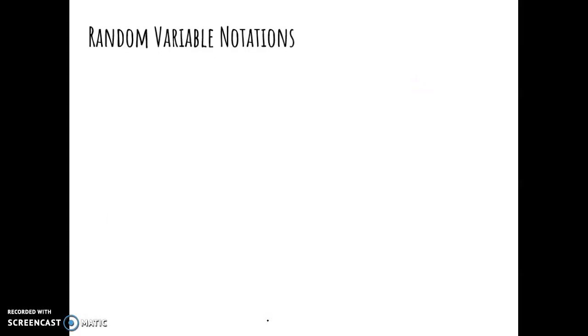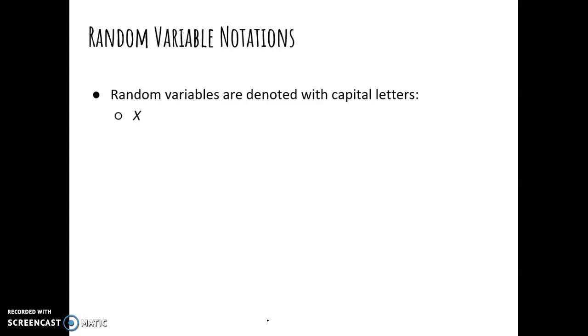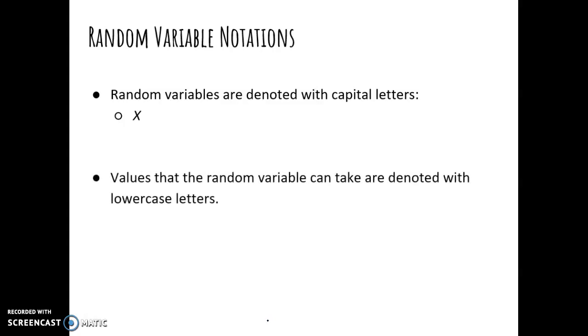Now, with our new terminology, we also have some new notations. Random variables are denoted with the capital X. That represents all of the possible outcomes. But when we get specific to a specific outcome, values that the random variable can take on are denoted with lowercase letters, a lowercase x.